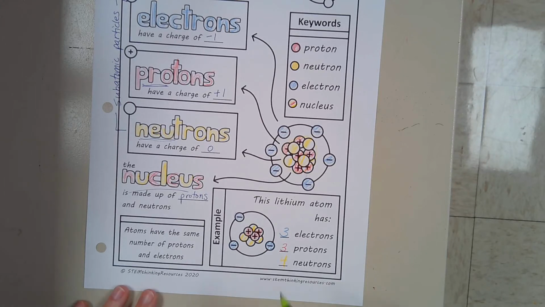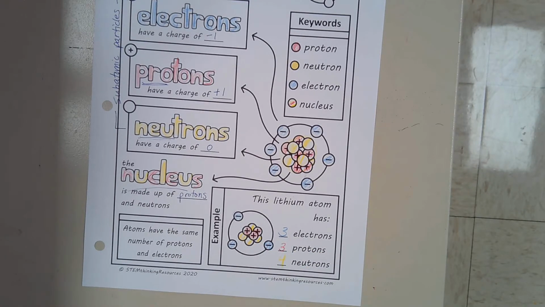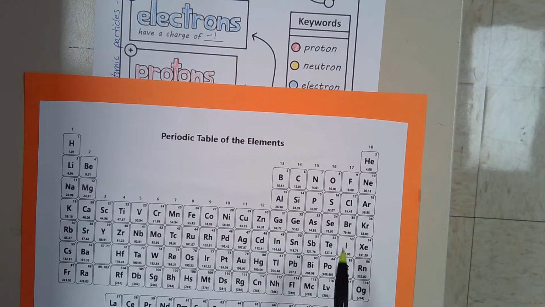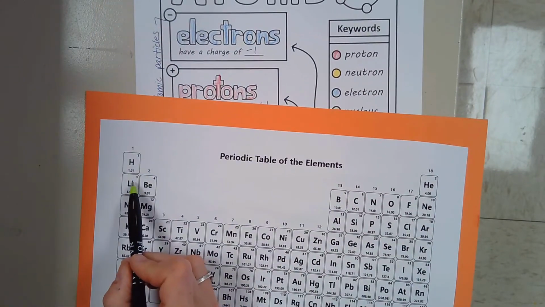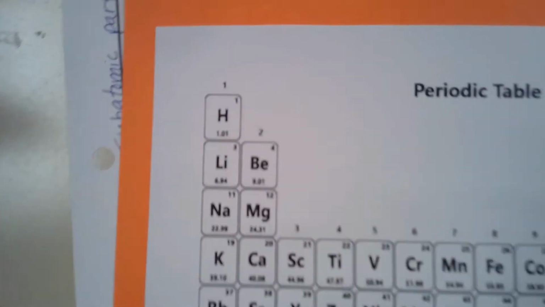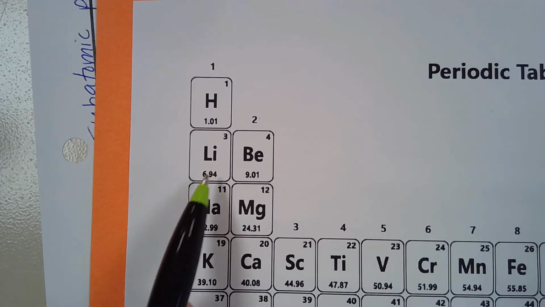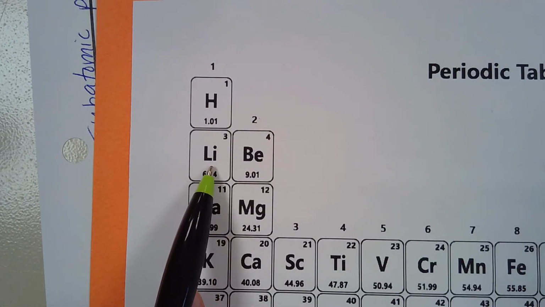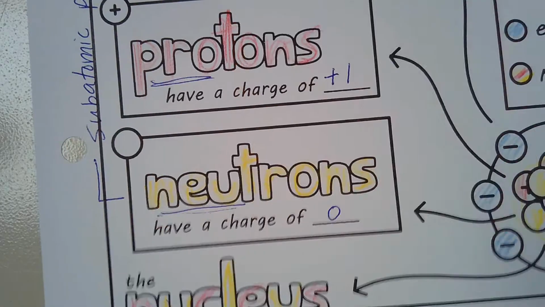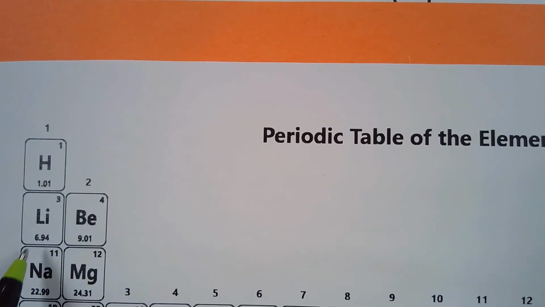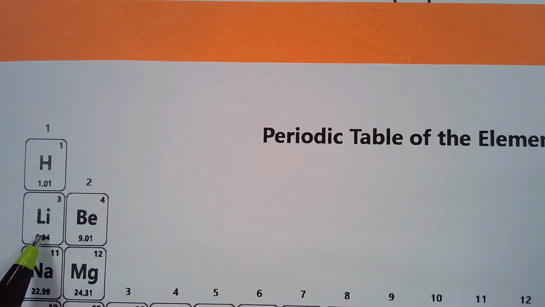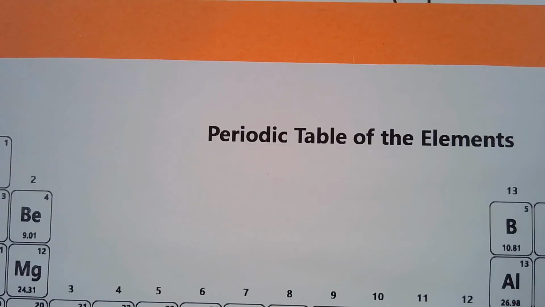And so how we know that this is lithium, because it has 3 protons, and if we look at which element has the number 3, you can see this 3 right here, that is a lithium ion, or not an ion. Well, this is a lithium ion. But as long as it has 3 protons, that would be a lithium element.